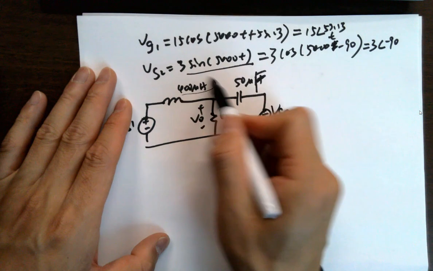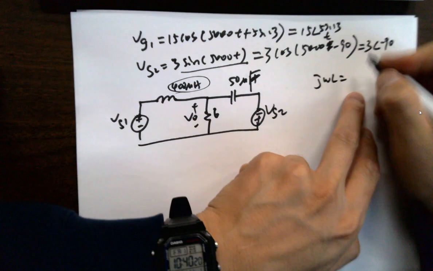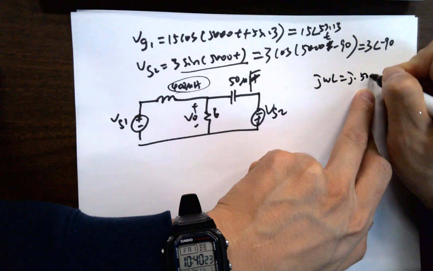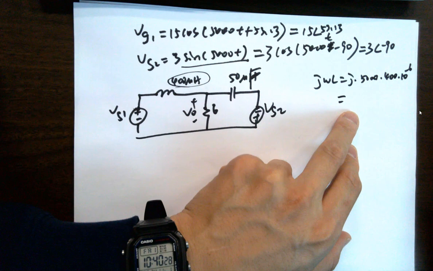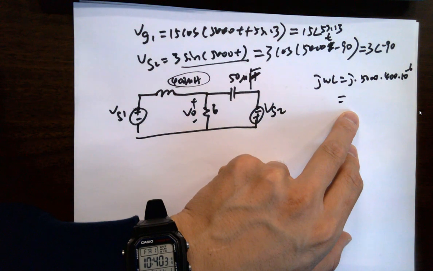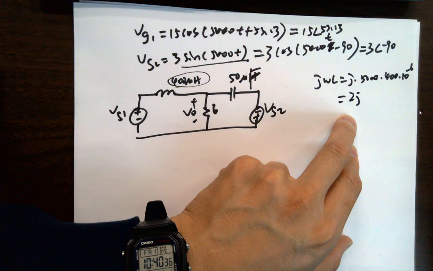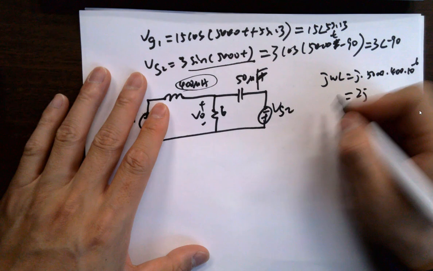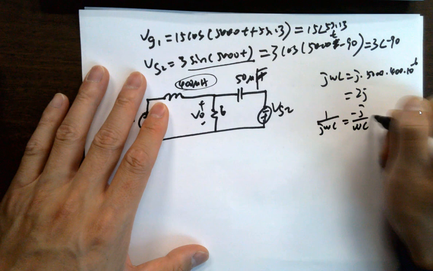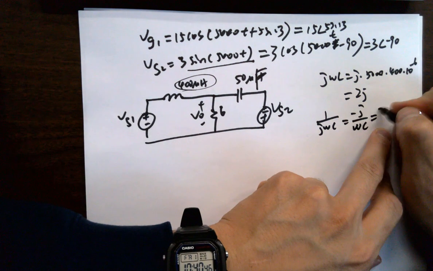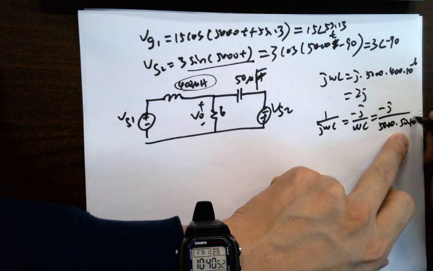So first step, convert these to their impedance form. So j omega L is j times omega, which is 5,000, times 400 times 10 to the negative 6. That becomes 2j. And for capacitors, it's 1 over j omega C, which is minus j over omega C, which is minus j over 5,000 times C, which is 50 times 10 to the negative 6.